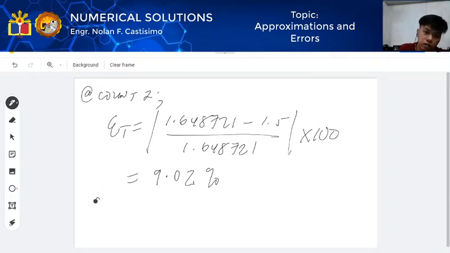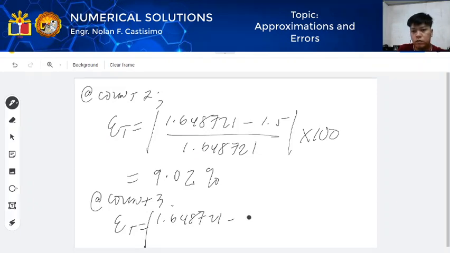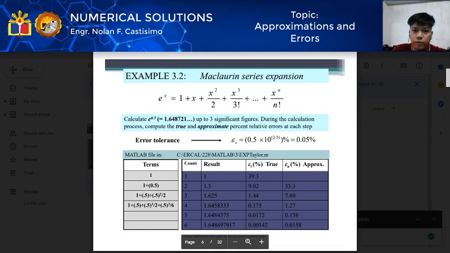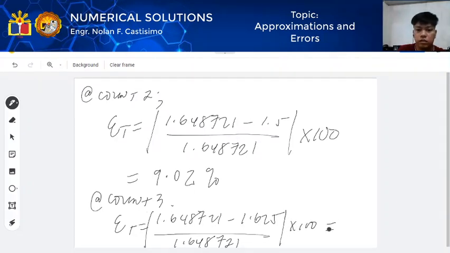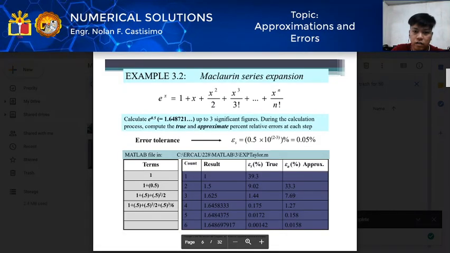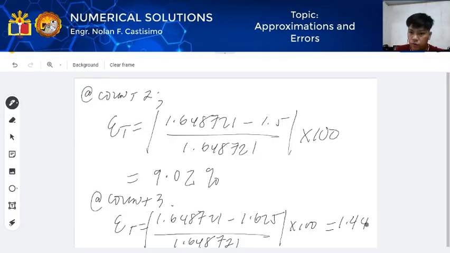Next, we have the add count 3. Okay. Ano yung value natin doon? 1.625. Equals times 100, 1.44%.